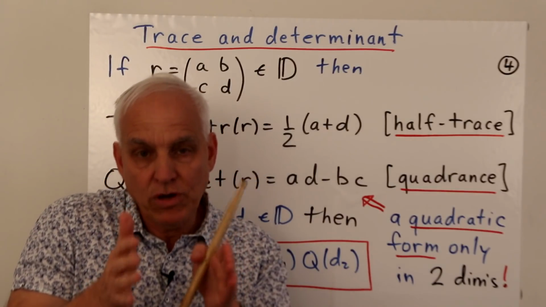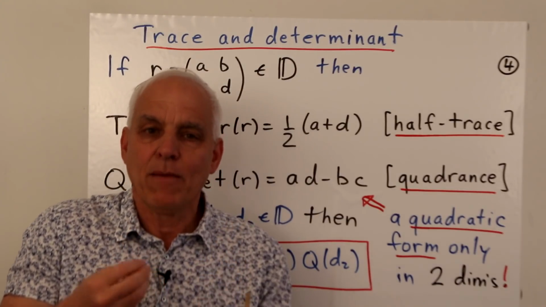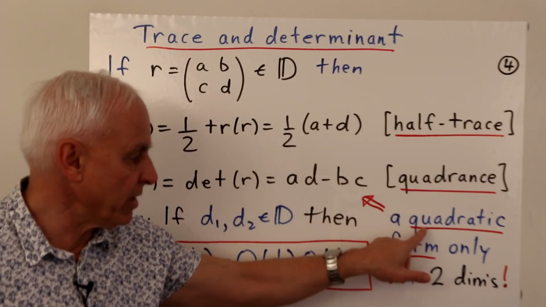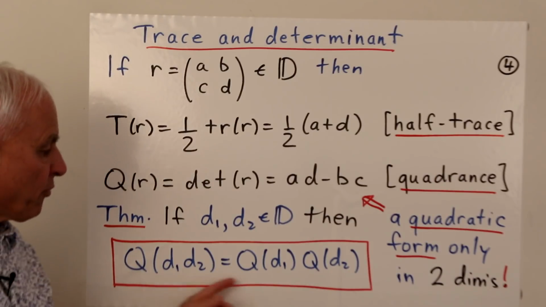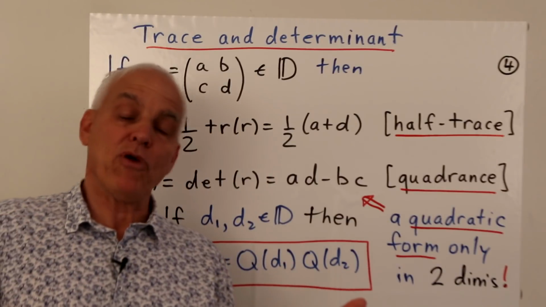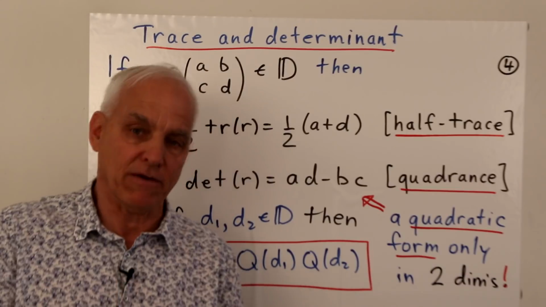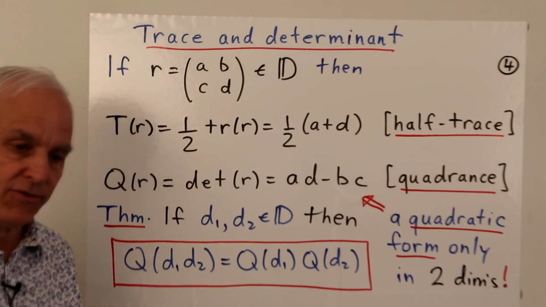Why the 2-dimensional situation, this 4-dimensional algebra of dihedrons, plays such an important role has a lot to do with the fact that the determinant is actually a quadratic form. And the crucial property about the quadrance is the familiar property that determinants have, that they are multiplicative. The determinant of a product is the product of the determinants.